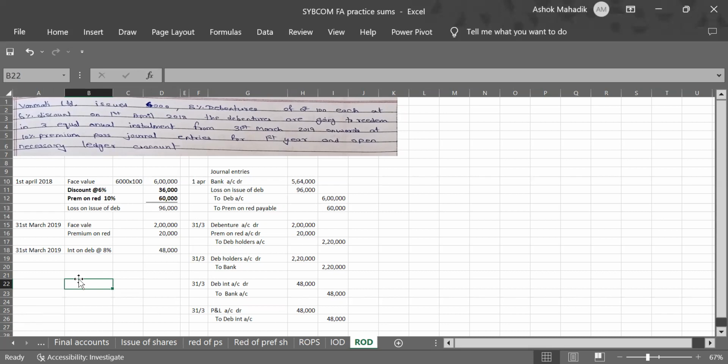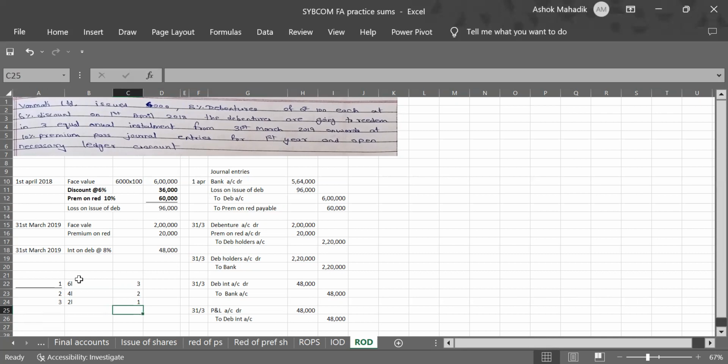At year end 2, how much is outstanding? 4 lakhs. And at the end of year 3, only 2 lakhs will be outstanding, isn't it? So this gives us the ratio 3:2:1.